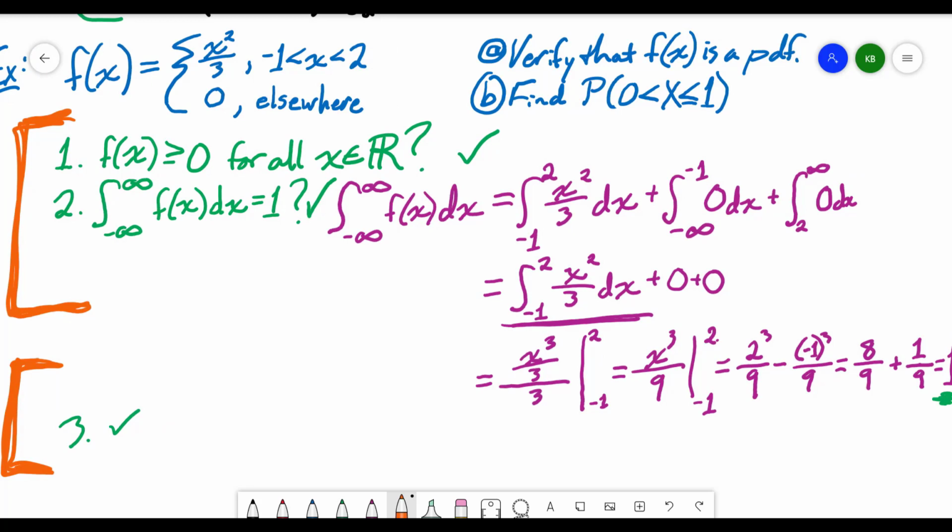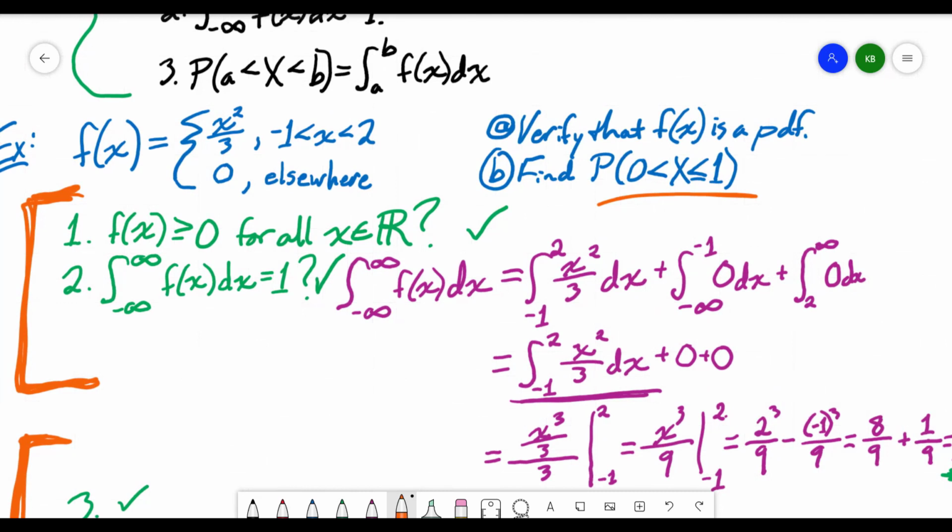Well, the next thing that we were asked to find is the probability that a random variable takes on a value between 0 and 1. So we actually can use this third part of our definition right here to do that. So we're going to take a definite integral from 0 to 1.